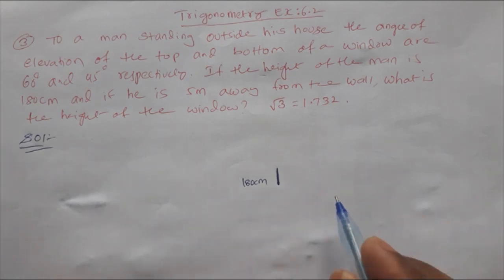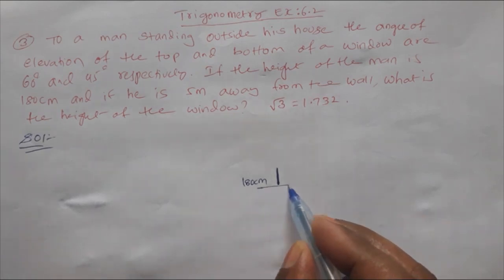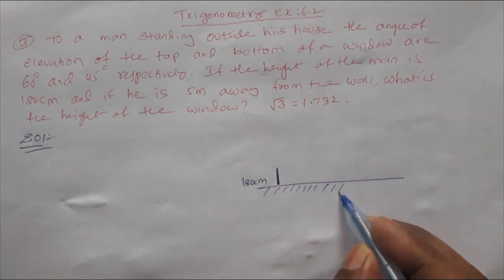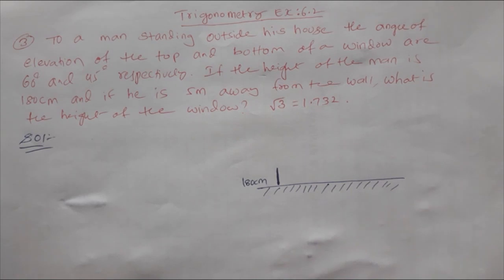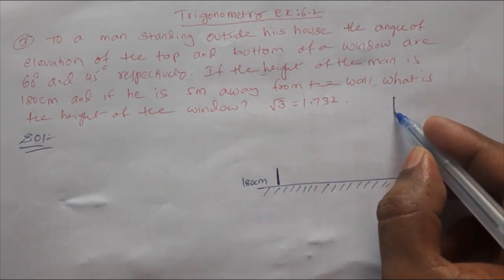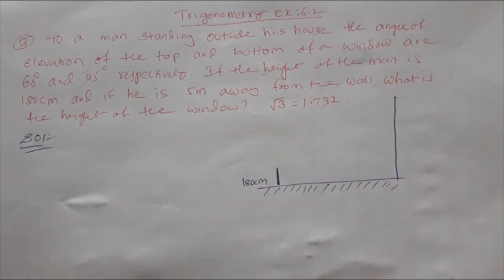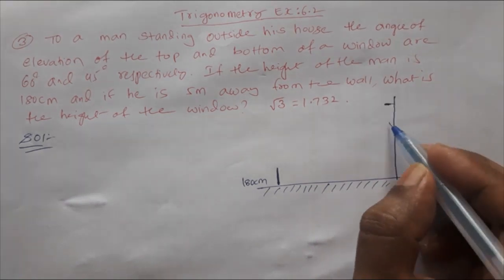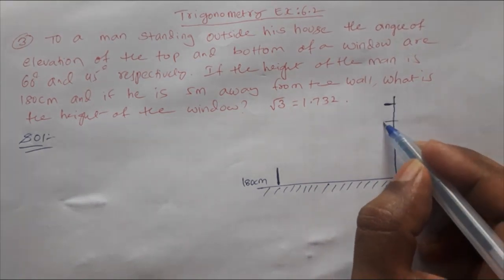Let us draw the ground also, and this is the ground. And one house here. Let us think that it is the window. This is the top and this is the bottom of the window.